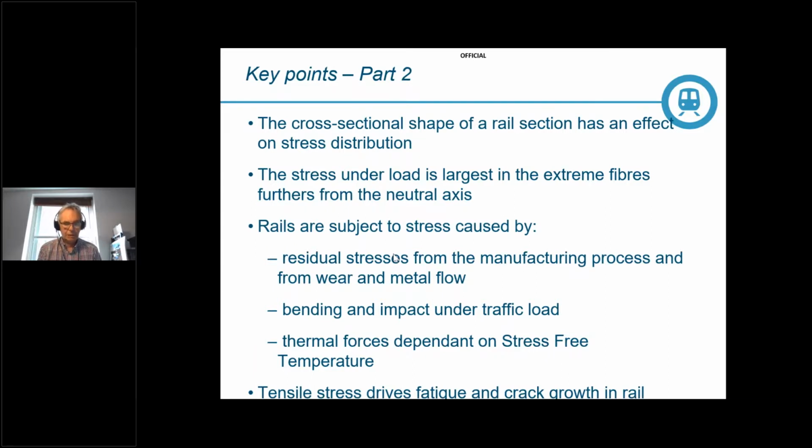They're subject to bending and impact load from traffic, and they're subject to thermal forces dependent on the stress-free temperature. And it's important to remember that tensile stress drives fatigue and crack growth in rail.